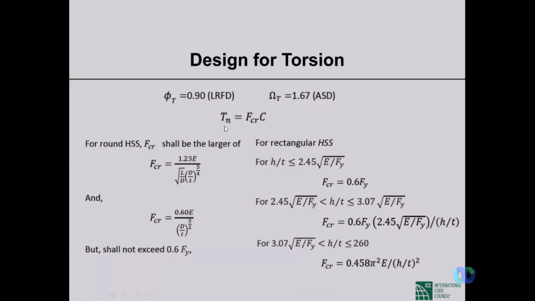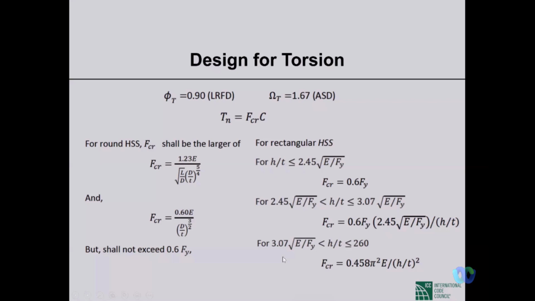Now, torsional capacity is simply the FCR, that is elastic buckling capacity, critical capacity, multiplied by torsion factor, C. So it reduces this FCR by an amount, which is C. Now, there are expressions for round.